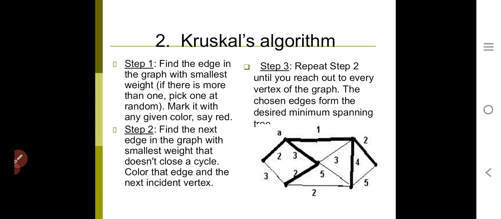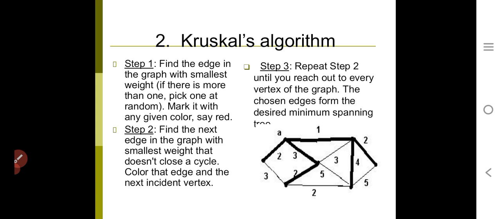A spanning tree has no cycle, so this is the condition. Then we repeat the steps until we cover all the vertices in the graph. At last we find the minimal spanning tree.